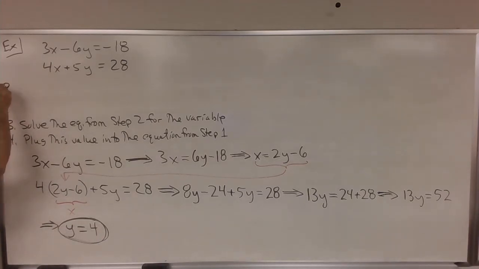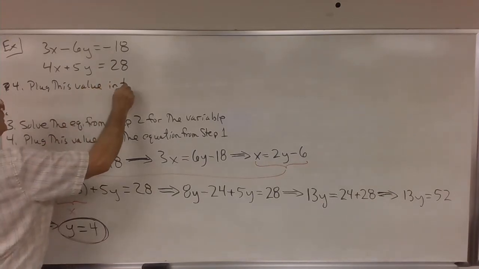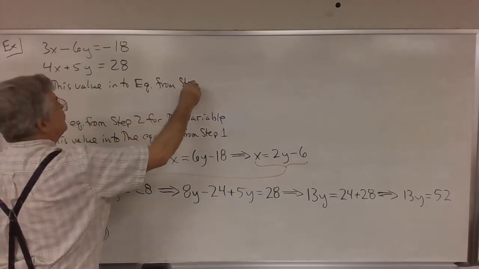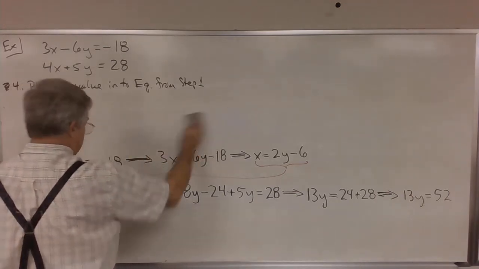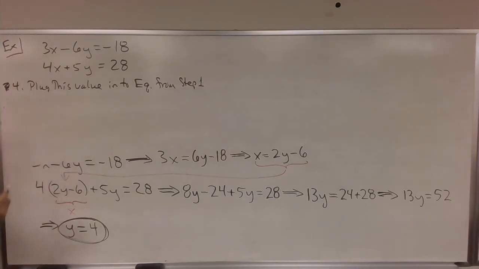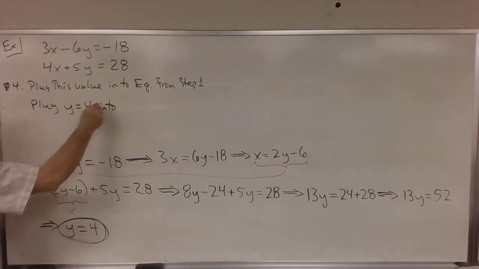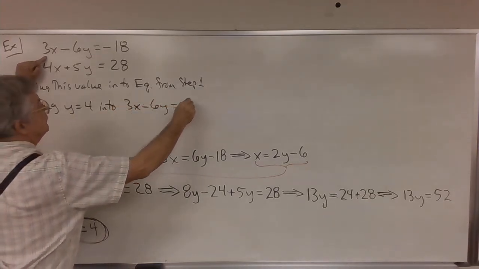So I plug y equals 4 into the equation 3x minus 6y equals negative 18.